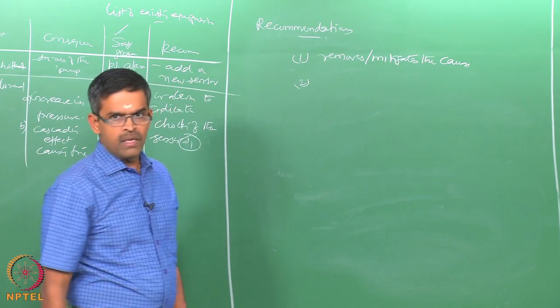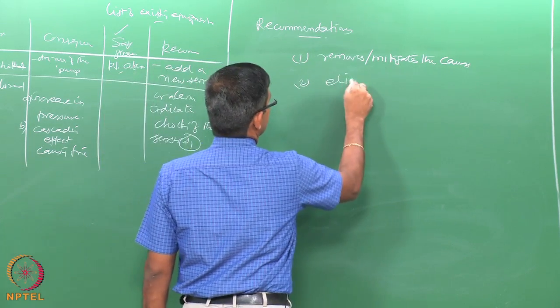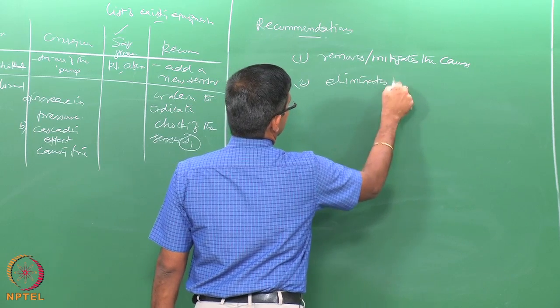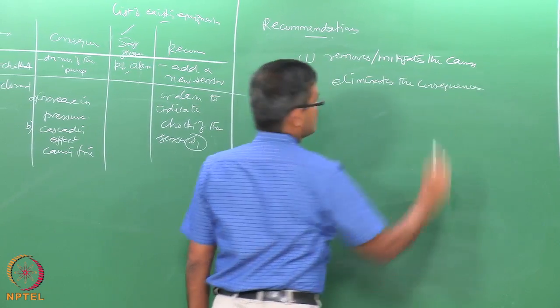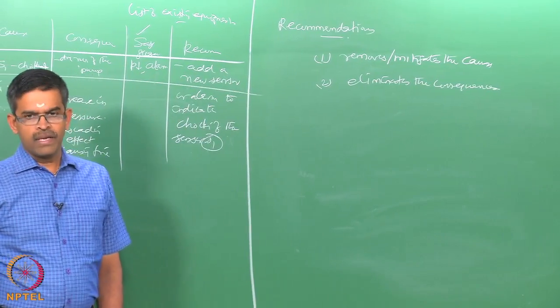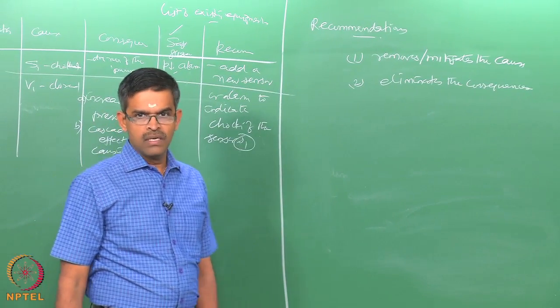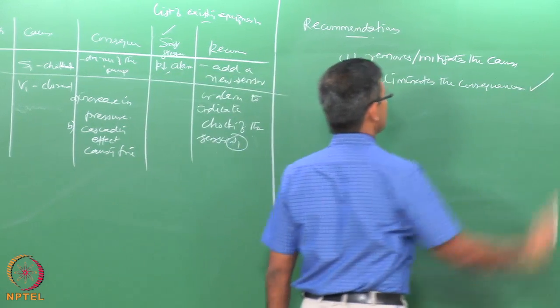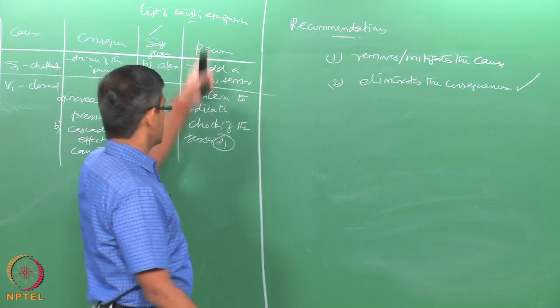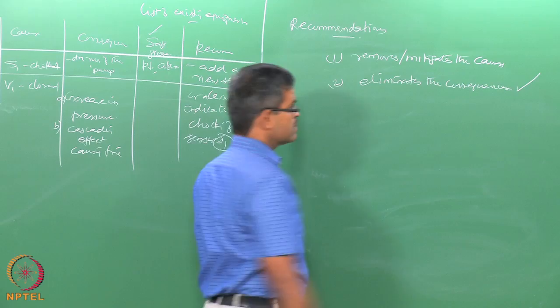The other could be the one that eliminates the consequence. Generally, recommendations are suggested to address the consequences. So, it is always better to suggest recommendations which eliminate the consequences.